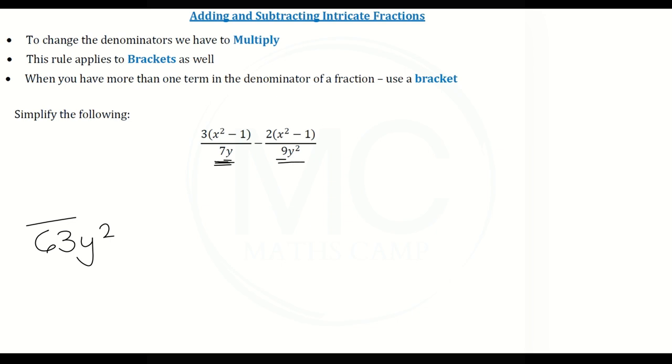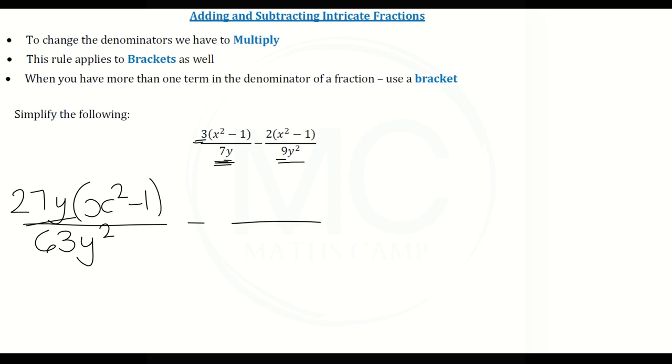Well, the first thing we did was we multiplied by 9. So we multiply this 3 over here by 9 as well, and we get 27. So let's put 27 in over there. Then to get y squared, we multiplied by y. So let's multiply 27 by y. And then we fill in our existing bracket of x squared minus 1. Let's just fix this fraction a little bit. There we go. Now we put on our minus sign.